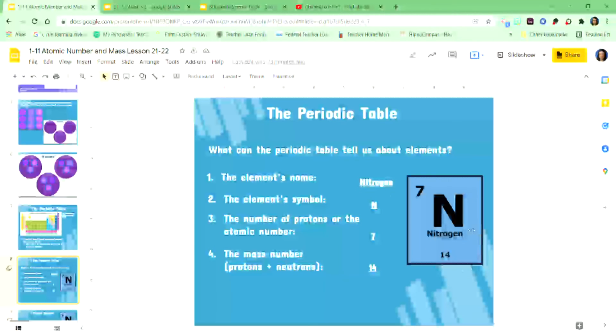So this is nitrogen. The element name is underneath the symbol. The symbol is the big letter or 2 letters in each box. That's kind of just shorthand for what that is. So nitrogen's symbol is N. The number of protons, or the atomic number, is at the top of the box. It's 7, so that means that nitrogen has 7 positive subatomic particles.